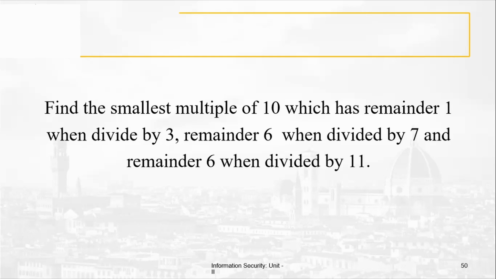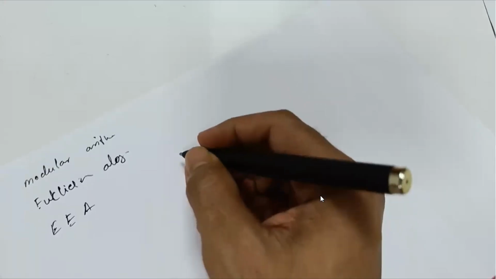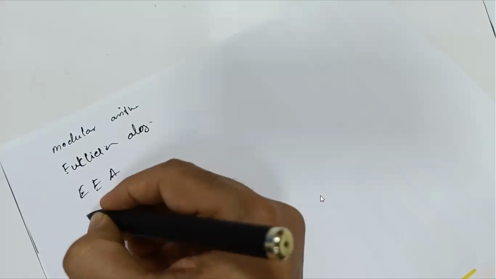We have seen multiple things here. First, we have seen modular arithmetic. I'm sorry, whatever I'm writing is not visible for you. Then we have seen the Euclidean algorithm. Then we have seen the extended Euclidean algorithm. Can someone please tell me what are the things we have studied here?